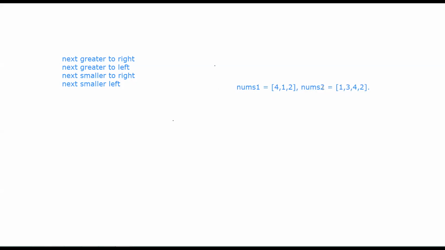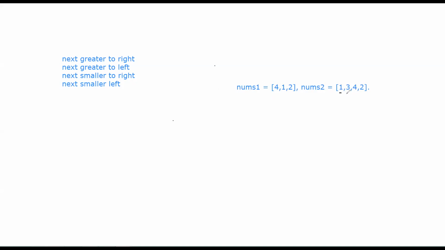For nums2, I'll make an array in which I'll put the next greater element. I can iterate through the loop again and again. For example, if I'm at index 1, I'll iterate along the loop, and until I get a next greater element, I'll keep on iterating.